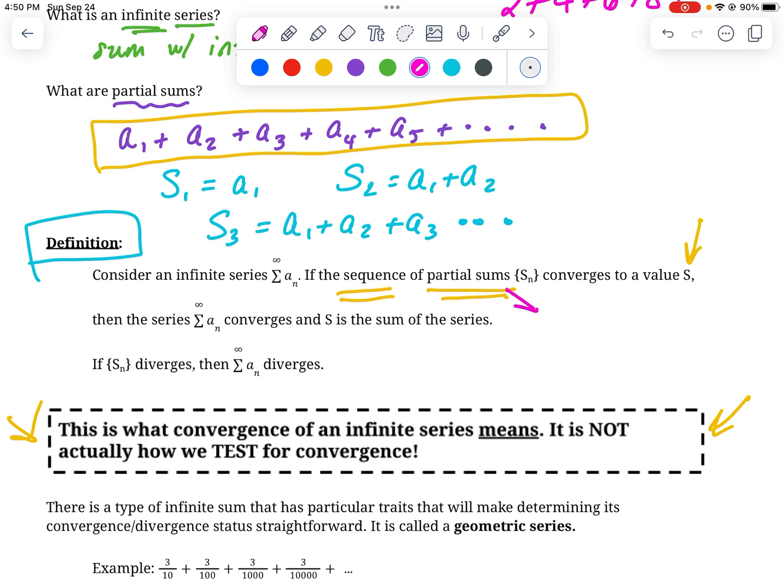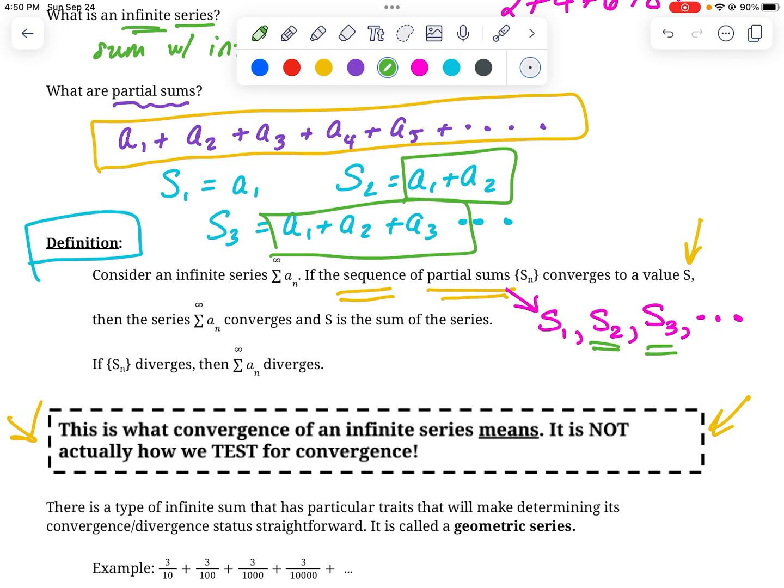The sequence of partial sums would be this: s sub 1, comma, s sub 2, comma, s sub 3, comma, and so on, where this bit, for example, is adding the first two together. This is adding the first three together, okay, and so on.